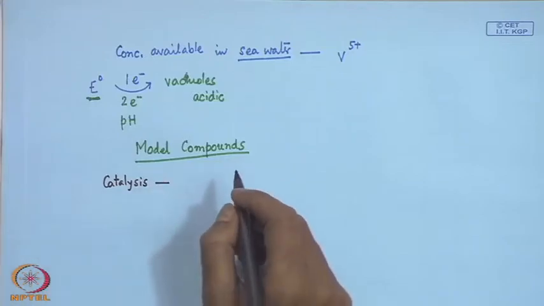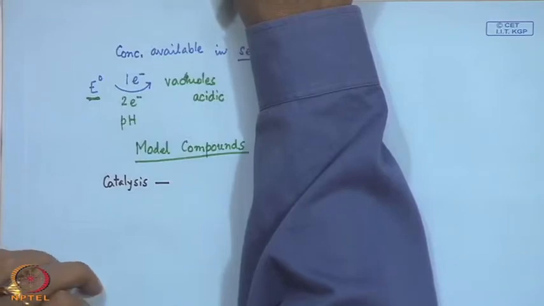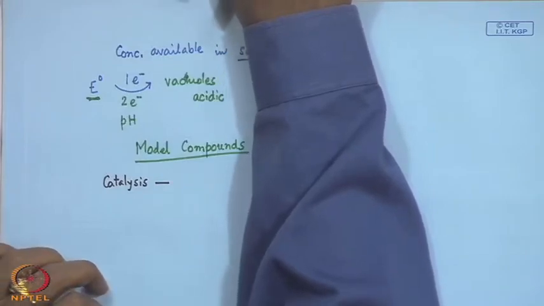So, one such modeling is with the haloperoxidases that we have identified. We have seen earlier that they are very much vanadate dependent.